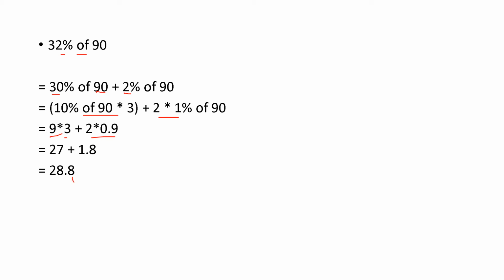Okay, and you'll get the answer. That is 32 means 30 plus 2. 30 means 10 into 3. 2 means 1 into 2. Okay. So 1% into 2 makes 2%, and then 3 into 10% makes 30. So 30 plus 2.